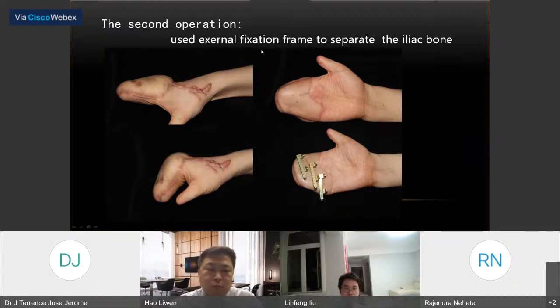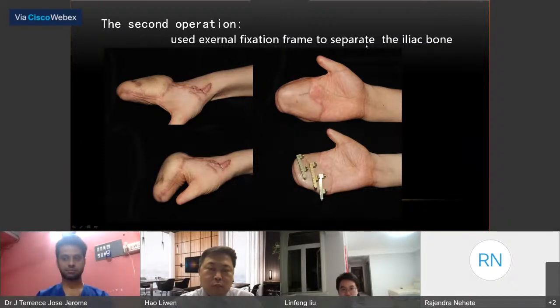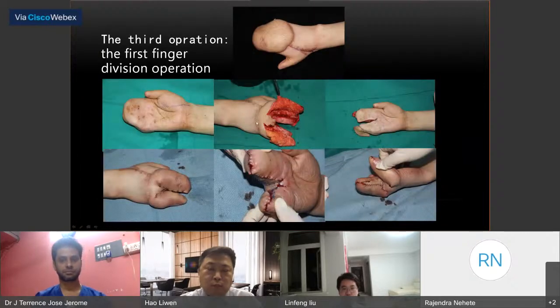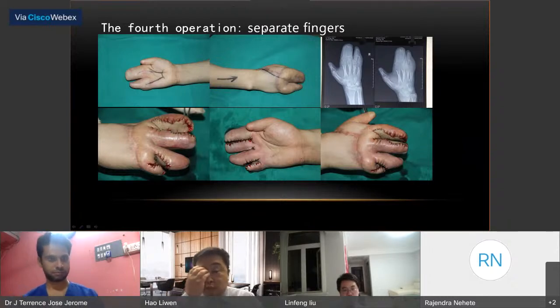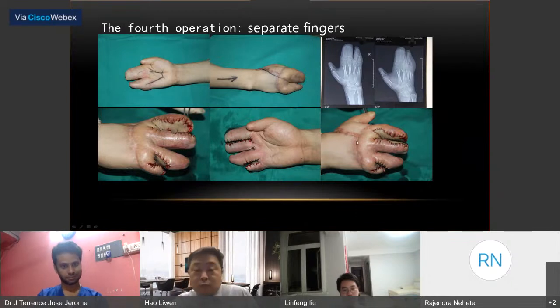In the second operation, we used an external fixation frame to separate the ilium bone. And then we do the finger division operation. Next operation, we separate the fingers again.